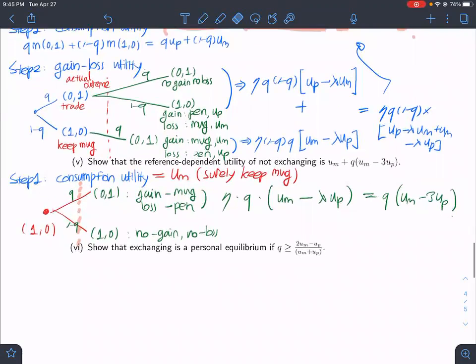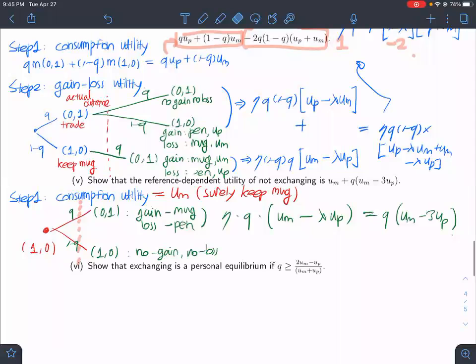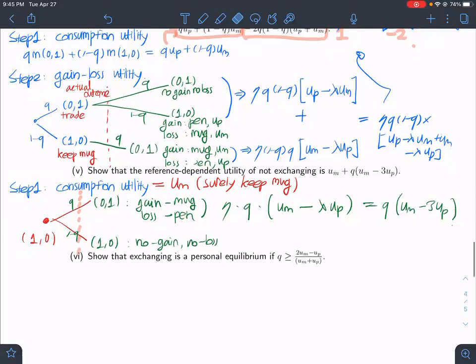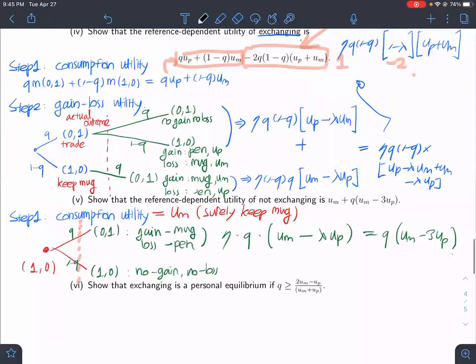Okay. Last one. Show that exchanging is a personal equilibrium. So this means that exchanging is better. If exchanging is better, then color red.